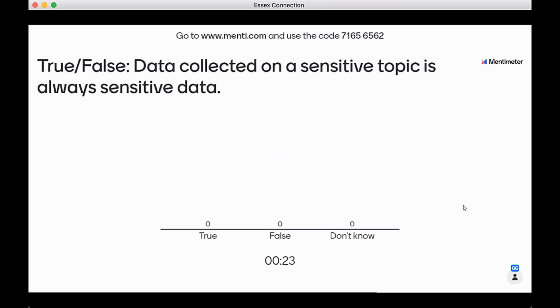So think about sensitive topics and sensitive data. Is that the same? Yeah, sensitive topics can be sensitive data. It's possible that they overlap, but it's not necessarily always the case that a sensitive topic, or something that we would deem sensitive, is always going to be sensitive data.